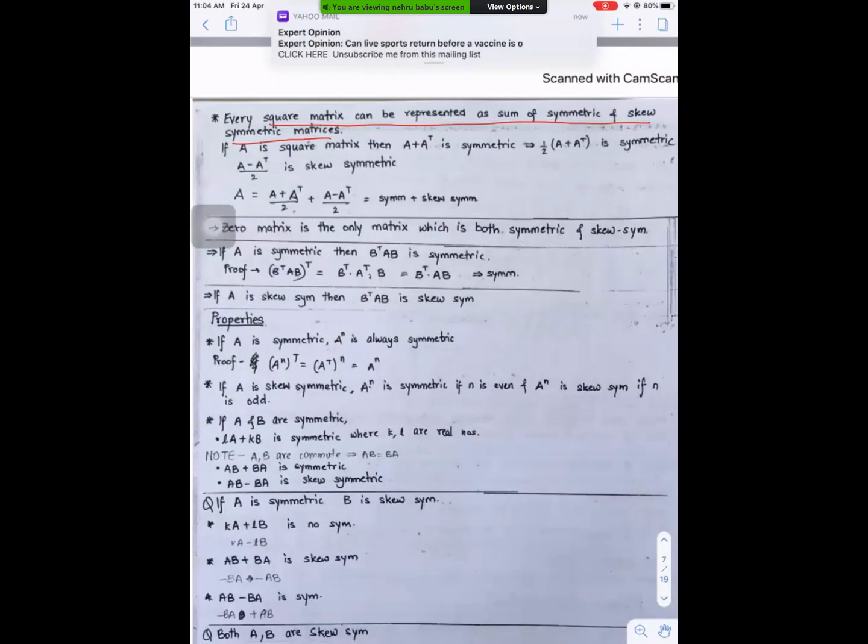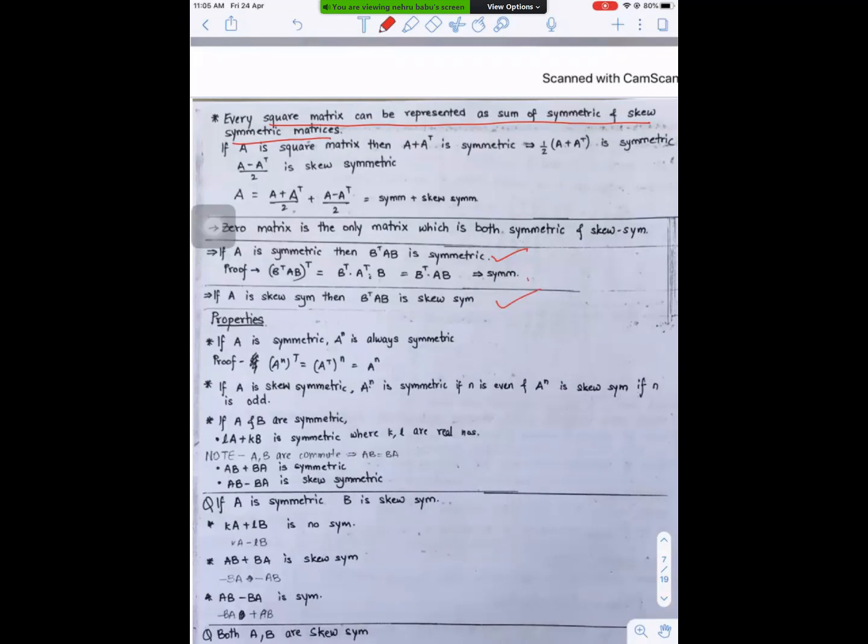Okay, some different results like this. If A is symmetric, then B transpose A B is symmetric, whatever B matrix it may be. If A is symmetric, B transpose into A into B is always symmetric. In the same way, if A is skew symmetric also, whatever B it may be, here I am not mentioning B's nature, B transpose into A into B is always a skew symmetric matrix.